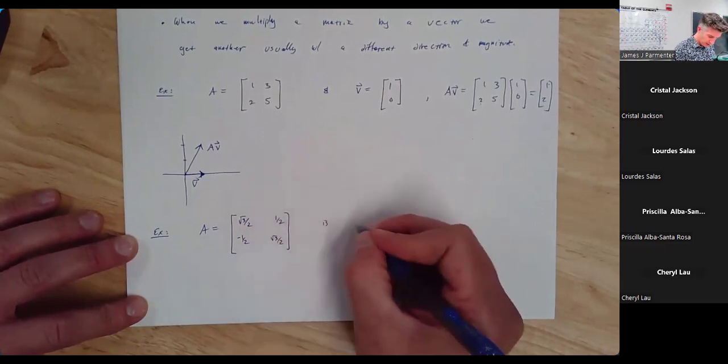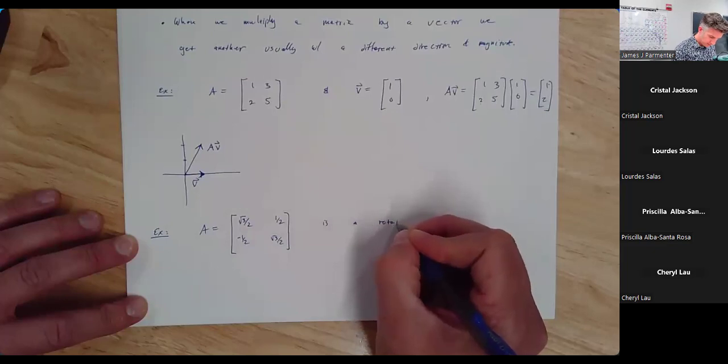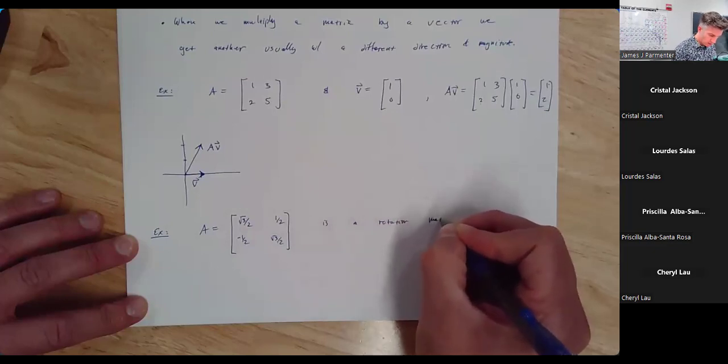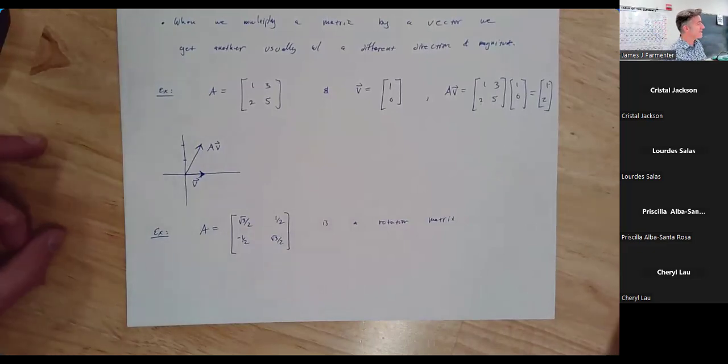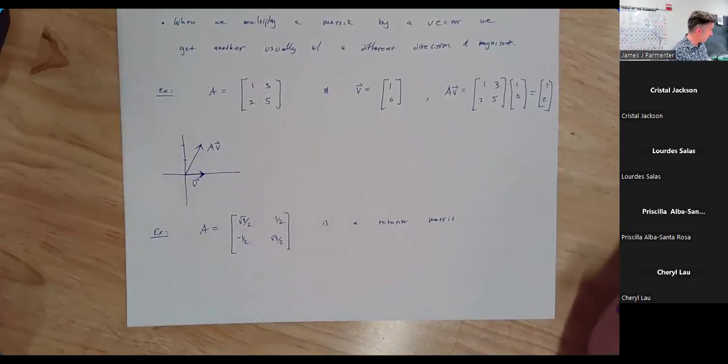This is a rotation matrix. It's going to change the direction the vector points in, but it's not going to change the length of the vector.